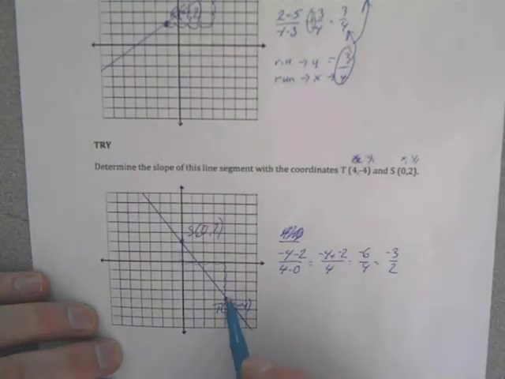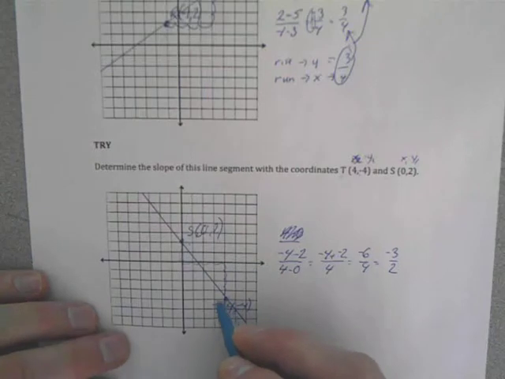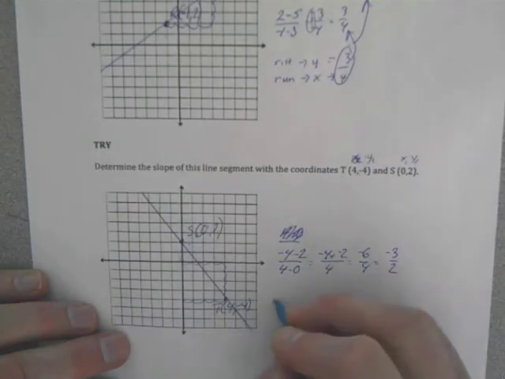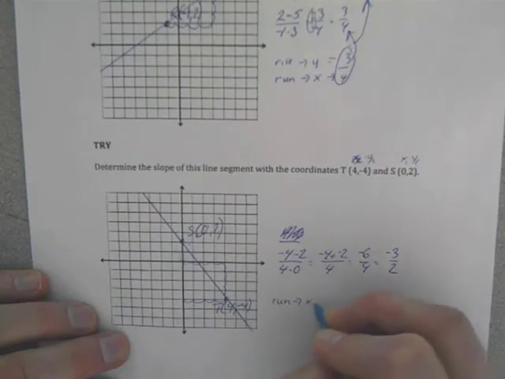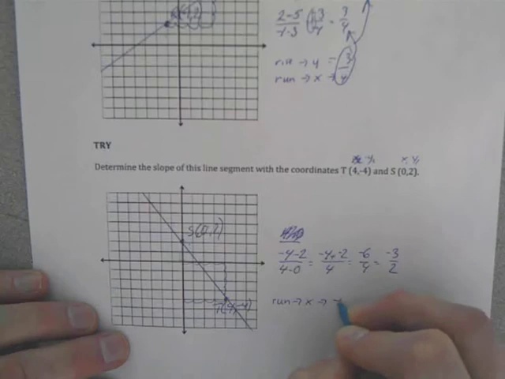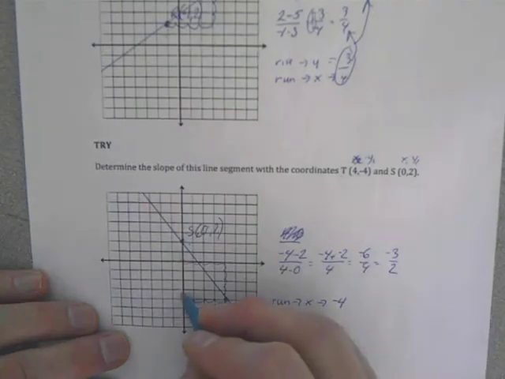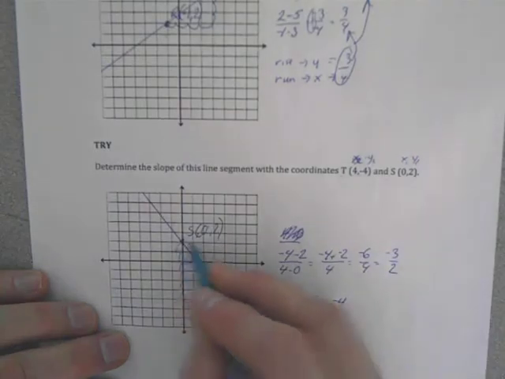Now, if I want to go from this point to that point, same thing. I'm going to go backwards this time, so it's going to be 1, 2, 3, 4. So that's my run for my x, and I went back 4, so that's negative 4, and rise up 1, 2, 3, 4, 5, 6.